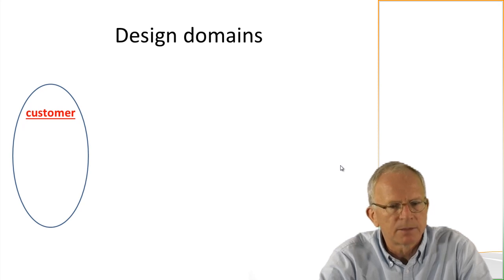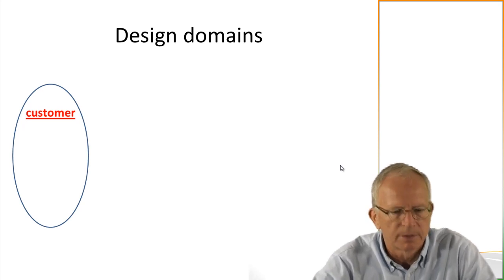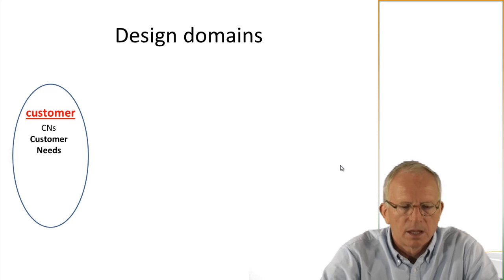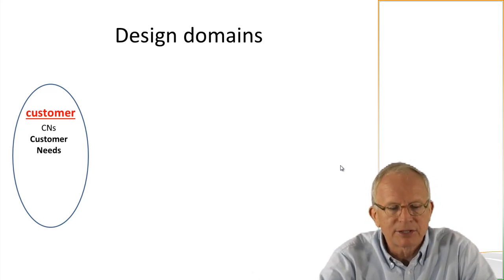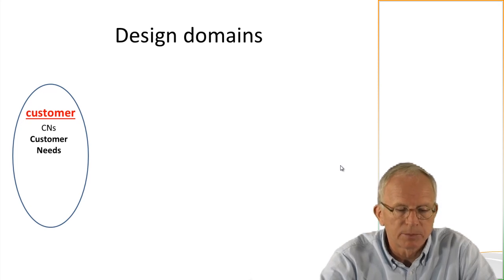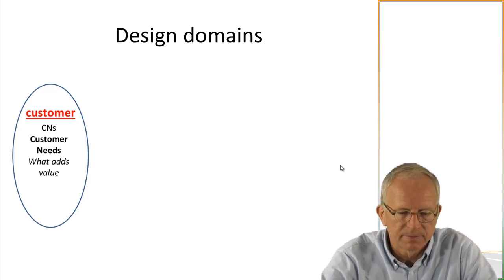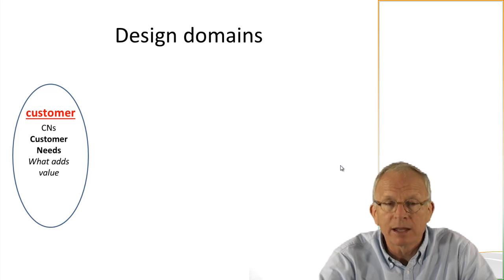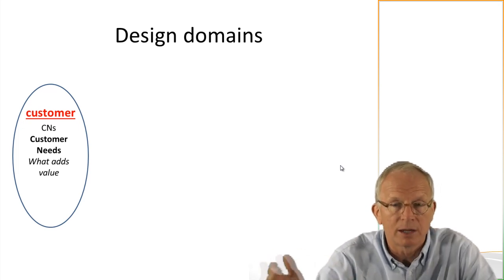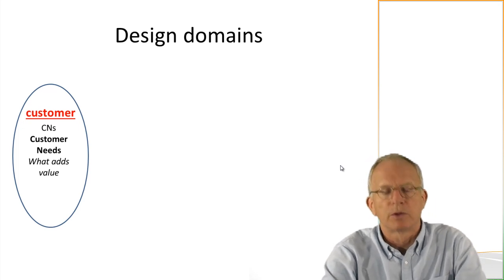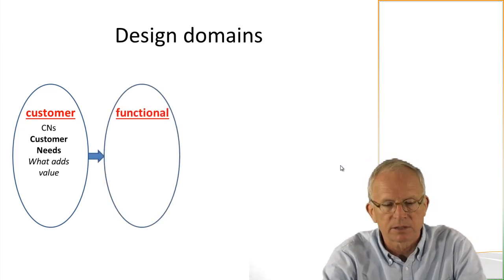The first design domain or space is the customer. And the elements of the customer domain are the CNs, or the customer needs. This is what adds value, and as we'll mention later, is the start of the value chain to show why it's worth doing all of the other things.